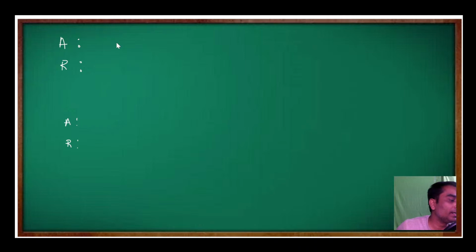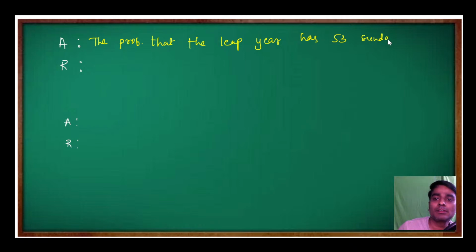From probability: the probability that the leap year has 53 Sundays is 2 by 2. This is assertion.